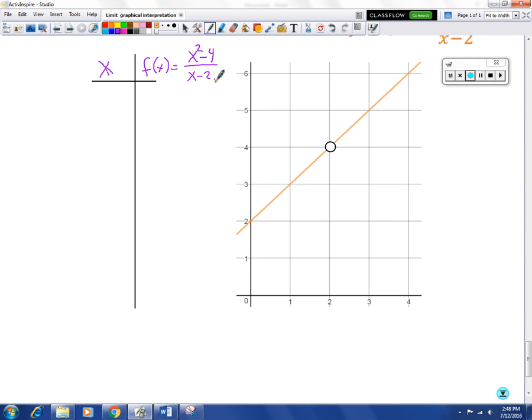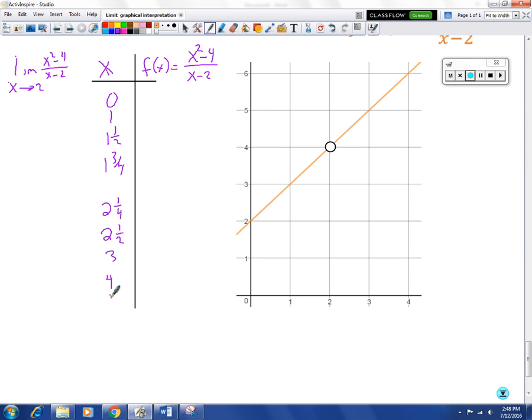I'm going to pick values for x. So I'll pick 0, I'll pick 1. We want to find the limit of this thing. Let's see, 1 and 1 half, 1 and 3/4. And let's do 2 and 1/4, 2 and a half, 3 and 4.